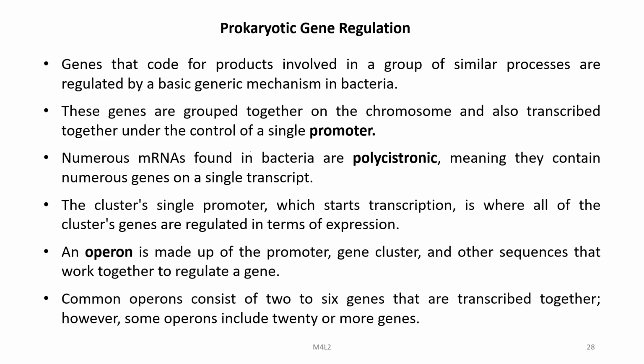The cluster's single promoter, which starts transcription, is where all of the cluster's genes are regulated in terms of expression. An operon is made up of the promoter, gene cluster and other sequences that work together to regulate the genes. Common operons consist of 2 to 6 genes that are transcribed together. However, some operons include 20 or more genes.